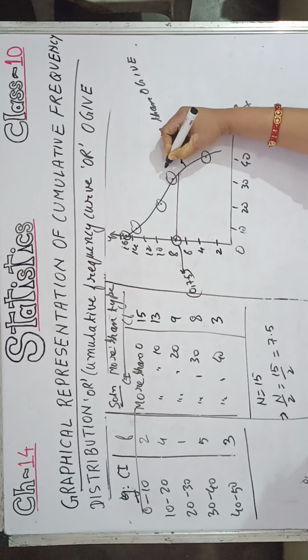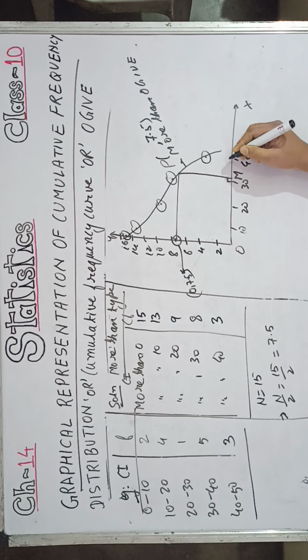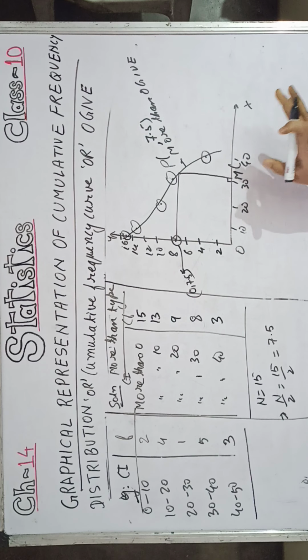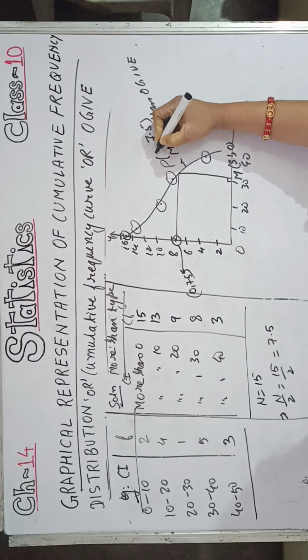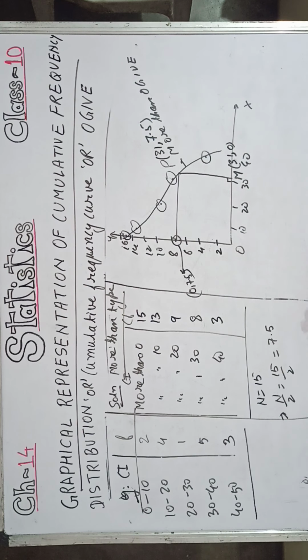Suppose P. Now its x coordinate we don't know, but its y coordinate we know. Its y coordinate is 7.5. Now from here we will be drawing a line perpendicular to the x-axis. Wherever it intersects the x-axis, that point we know from the graph. Over here it is intersecting at 31. So I am writing 31 comma 0. So obviously this one is 31 comma 7.5.